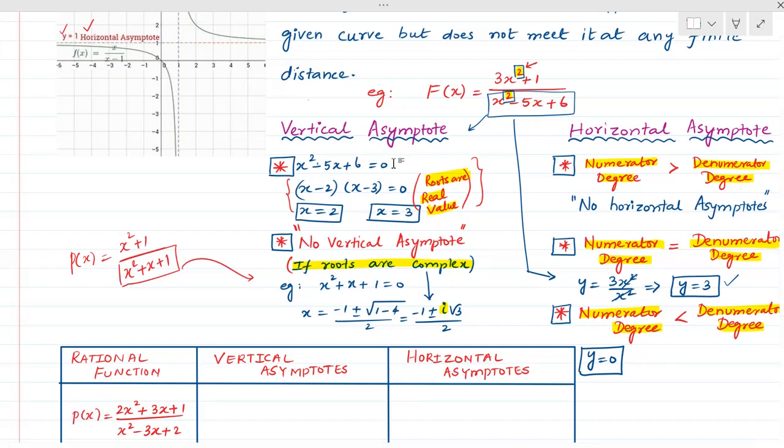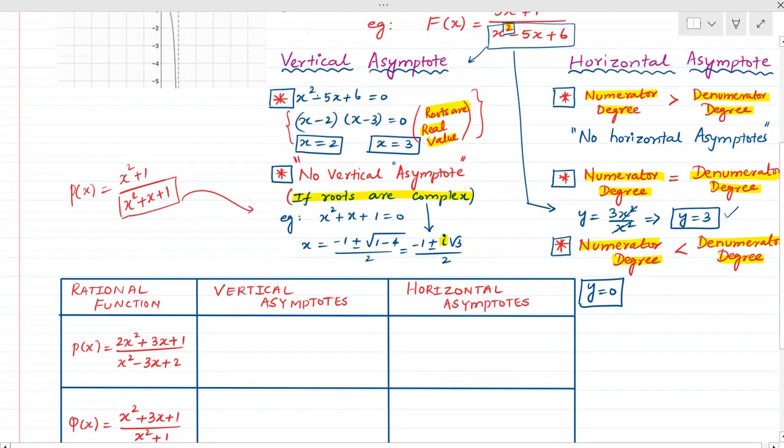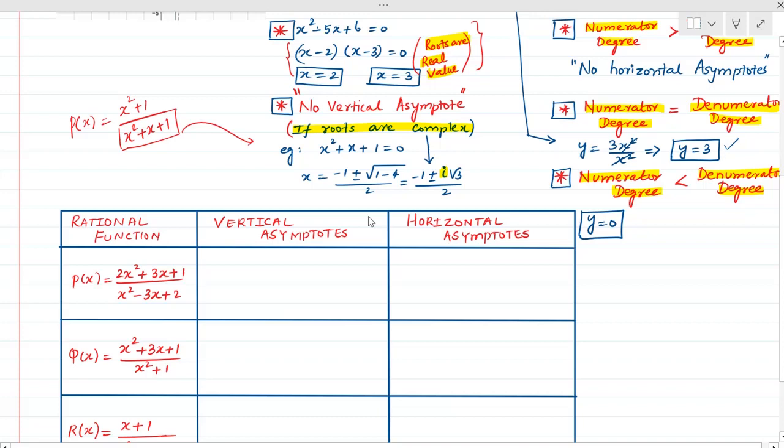Similarly, when the numerator degree is less than the denominator degree, y equal 0 is always the only horizontal asymptote. So you will have three cases in the horizontal asymptote and two cases in the vertical asymptote.